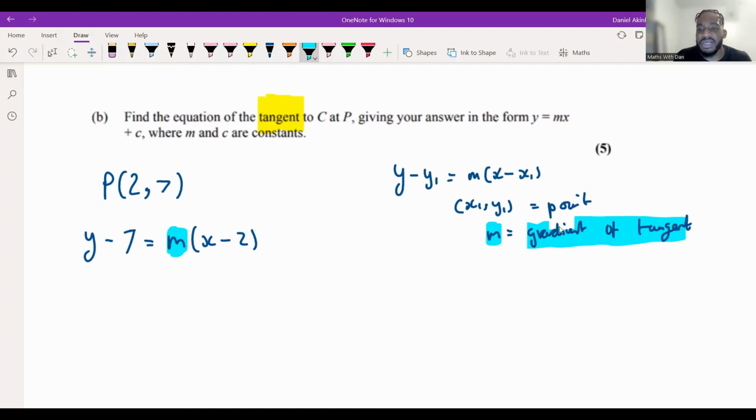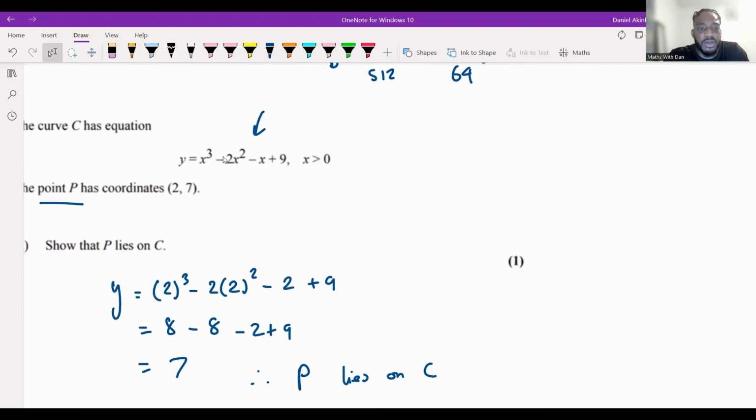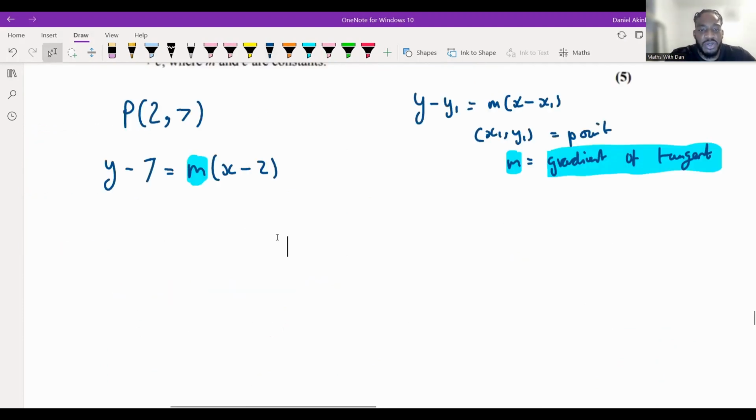Can somebody tell me, please, how do I find the gradient of a tangent? Let me get the function again here. We need to find the gradient of a tangent. Anybody know how we do that?